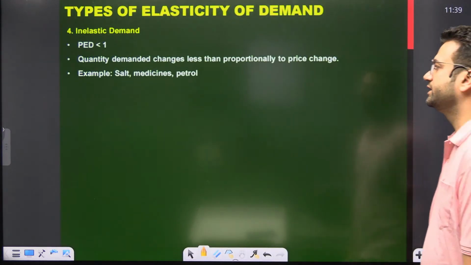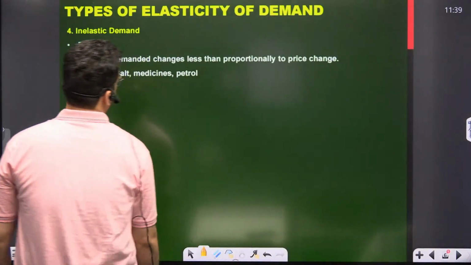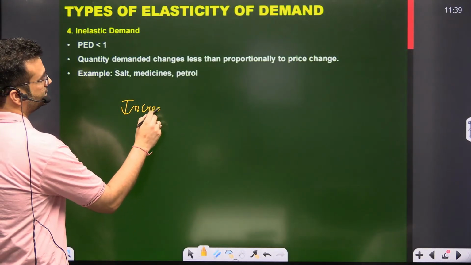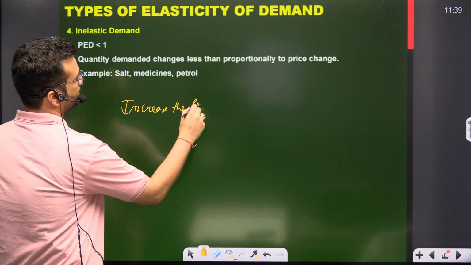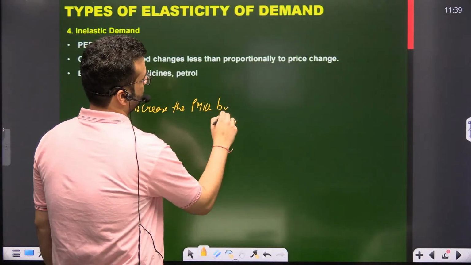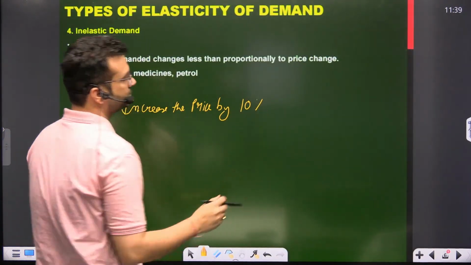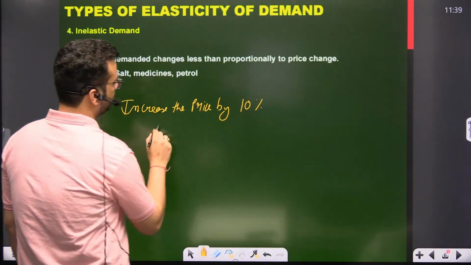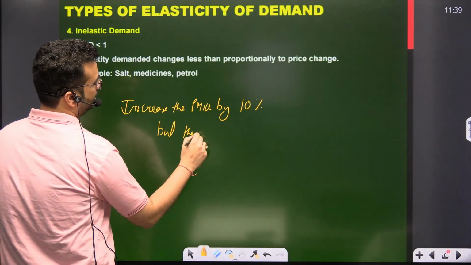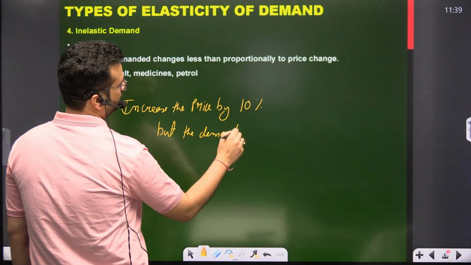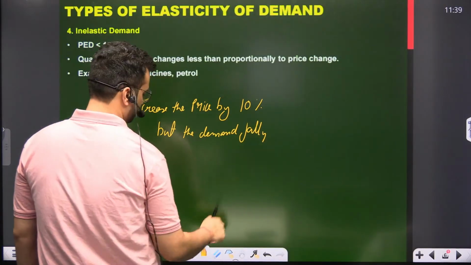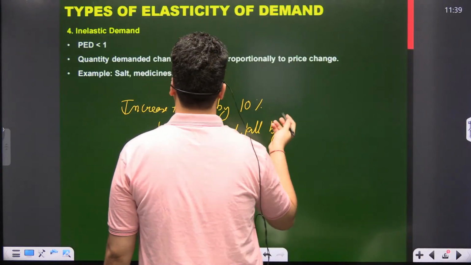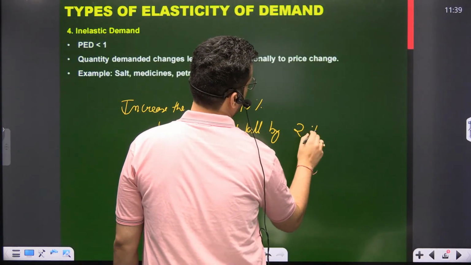Next, inelastic demand. What is inelastic demand? Suppose you increase the price by 10%, but the demand falls by, let's say, 2%.